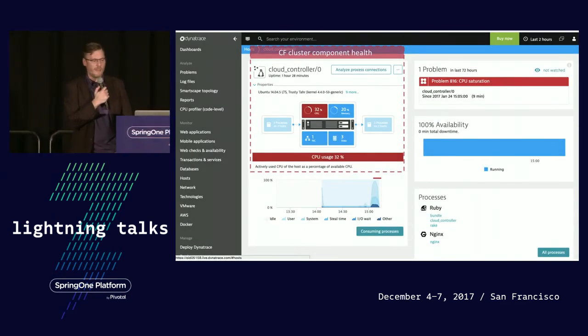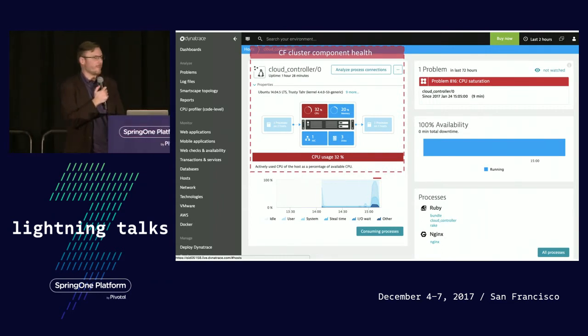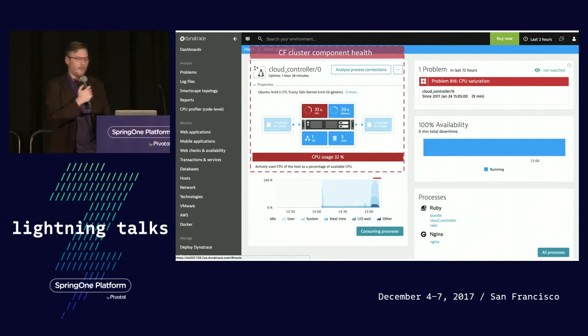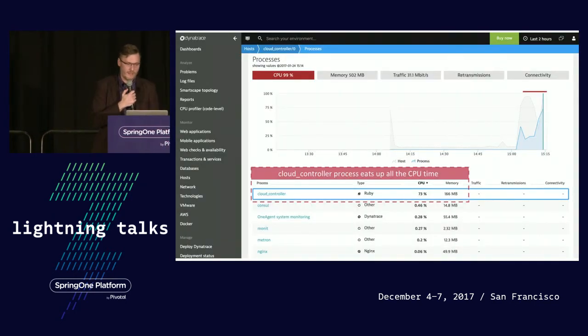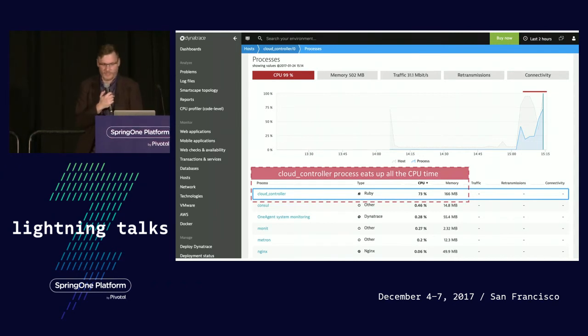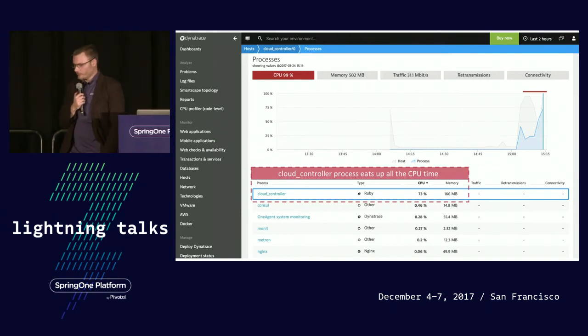When we look at something that happened in our environment, we noticed that our cloud controller had an issue with CPU utilization. Our CPU was pegged, right? So what might the root cause have been? As we dig into the problem and take a look at the next thing, we see that there was a Ruby process on the cloud controller itself that was consuming a lot of CPU cycles.